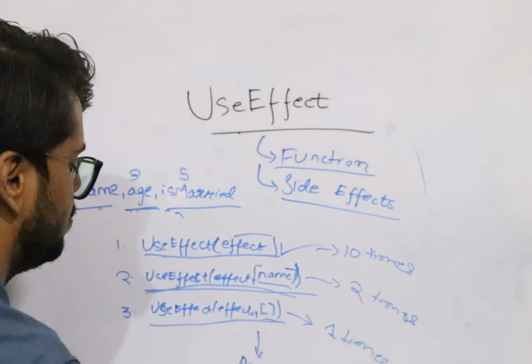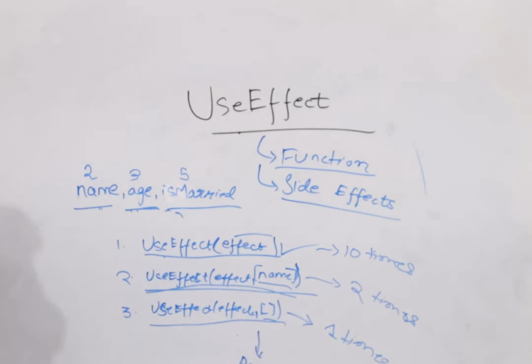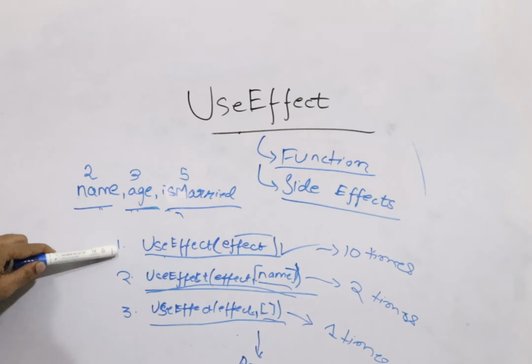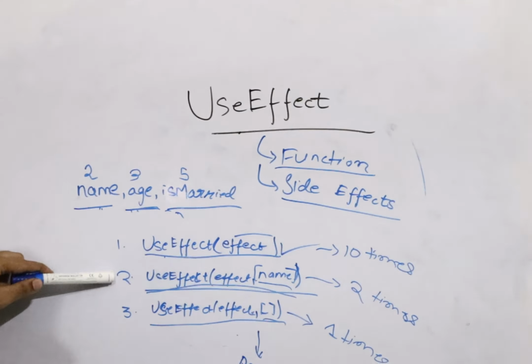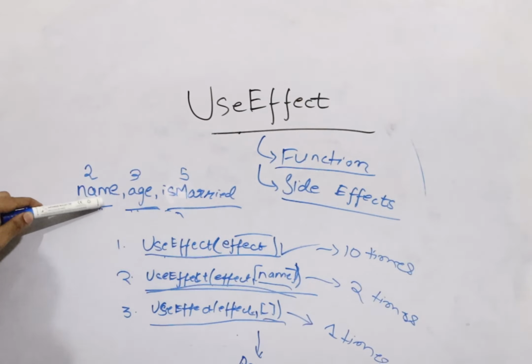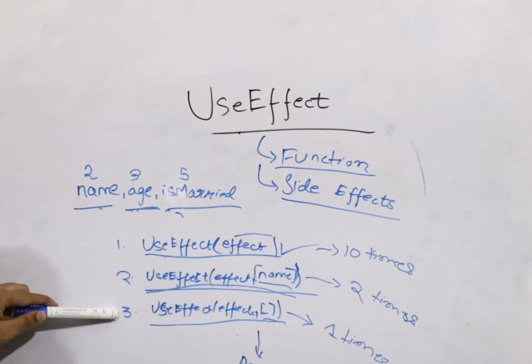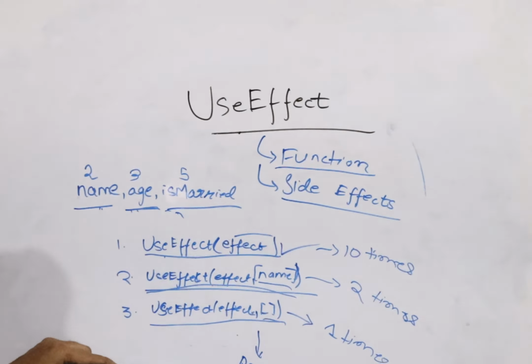I will also show you these things in the code, not to worry. So we have three cases, 1, 2 and 3. This will run when any of the states changes, if name or age or isMarried changes. This will be when only name changes. This will be only at the page load where the array is empty.